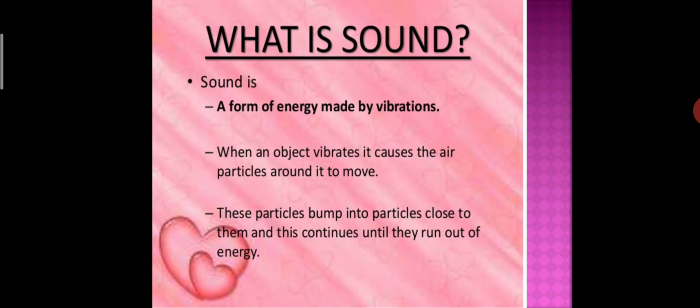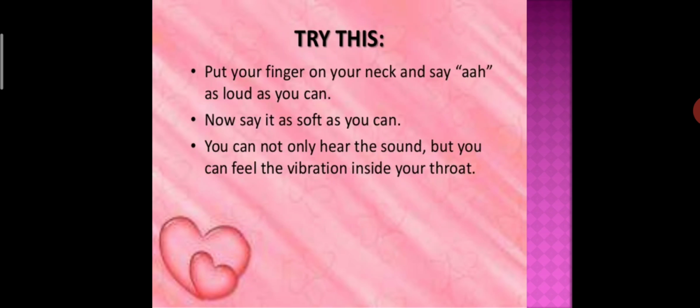When an object vibrates, it causes the air particles around it to move. These particles bump into particles close to them, and this continues until they run out of energy. Okay, so in this way the sound is produced.